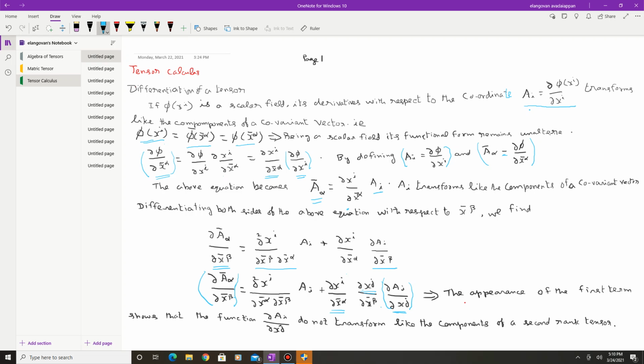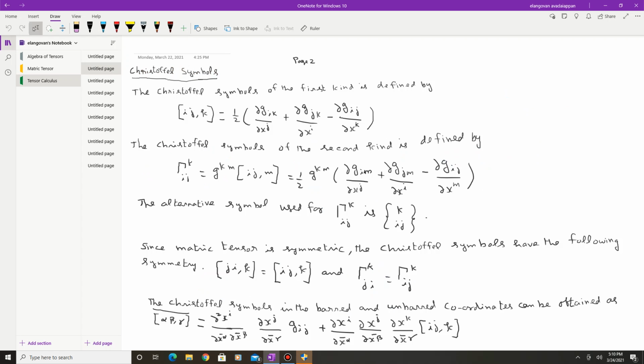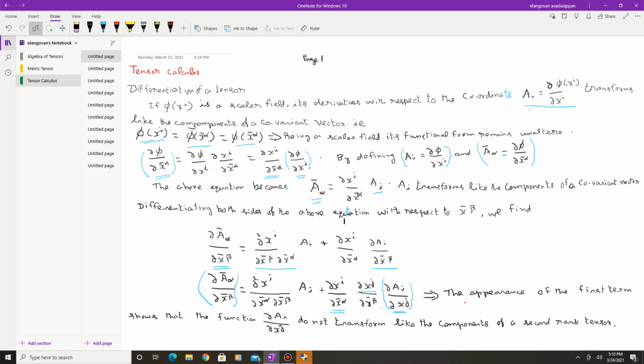But because of the presence of the first term, partial d square xi by partial dx alpha bar dx beta bar, the differentiations partial dai by dxj are not tensors, because it is not a tensorial type of transformation between the two coordinate systems.